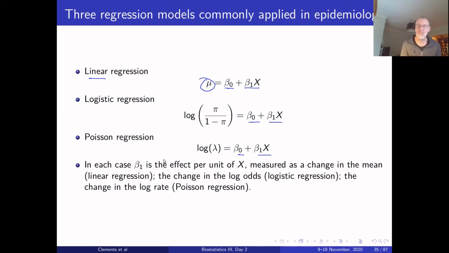The interpretation of beta 1 varies. For the first case, it's the change in mean for a unit increase in x. For logistic, it's a change in the log odds per unit increase in x, and here it's the change in the log rate for a unit increase in x.